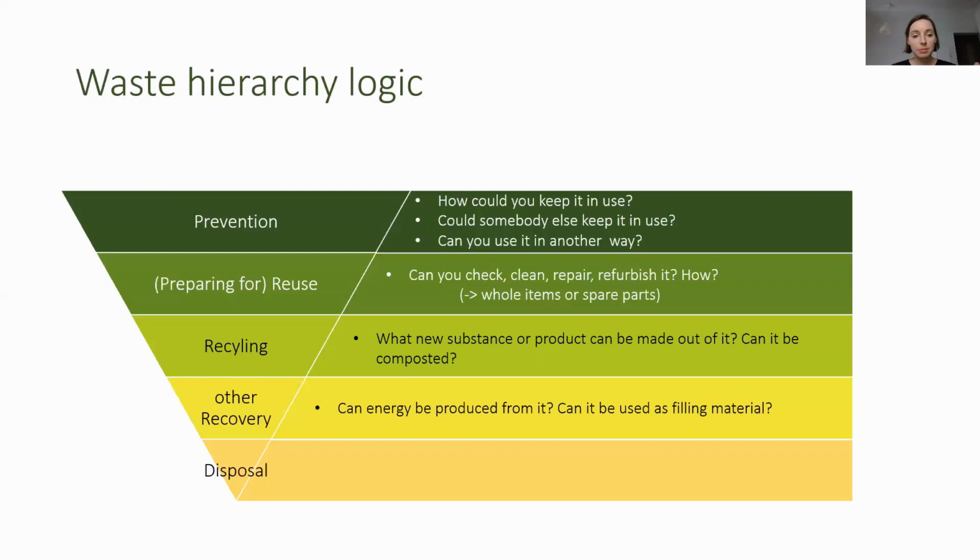If that's not possible, you ask, can energy be produced from it? Can I put it somewhere where energy from the incineration is recovered? Or can it be used as a filling material? And then if that's not possible, you ask, how can it be landfilled or incinerated safely?